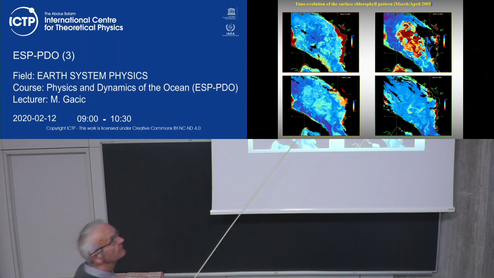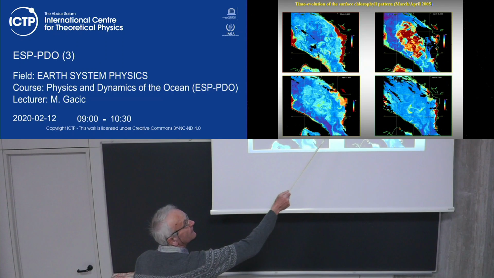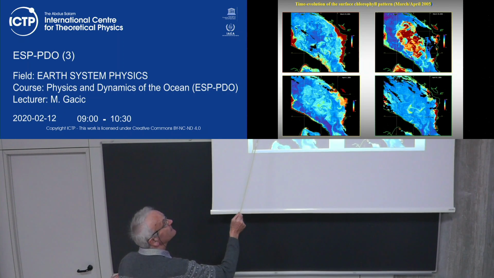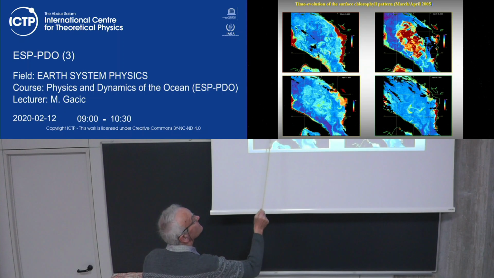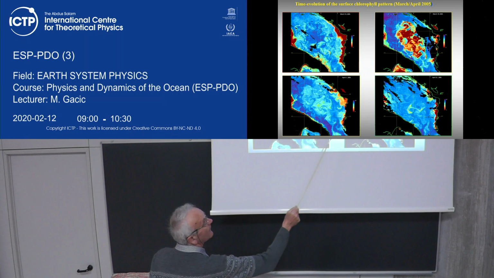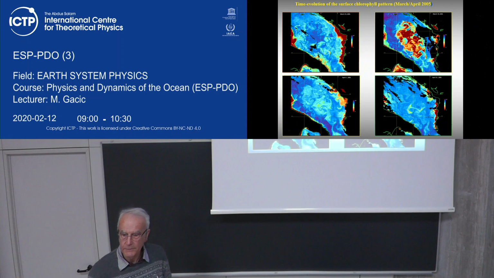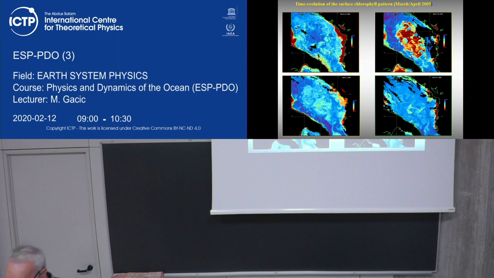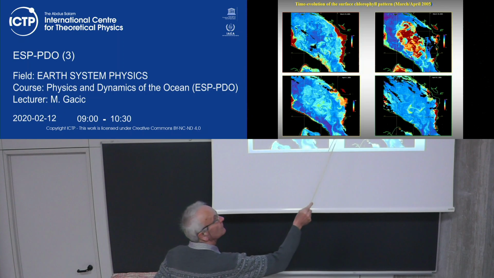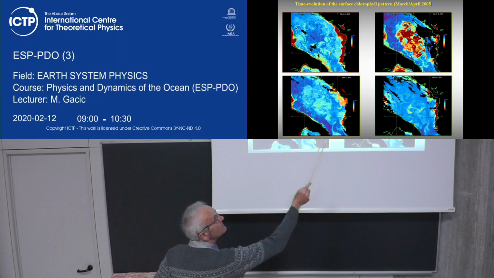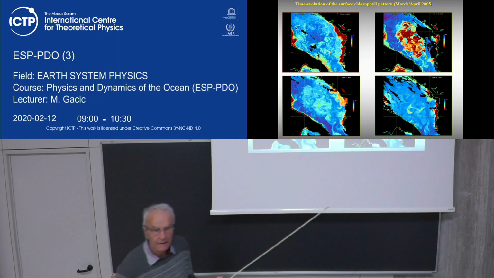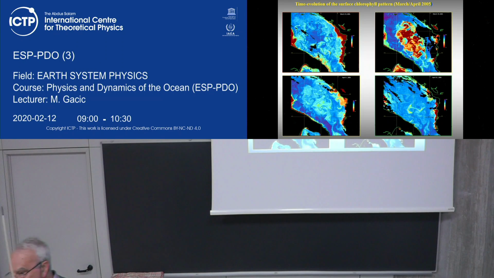Therefore, in this area where there was vertical mixing, rich in nutrients, in a period when there is no strong wind forcing, we have the phytoplankton bloom. So the phytoplankton bloom, or chlorophyll content, is used here to delimit the area where the dense water formation took place.